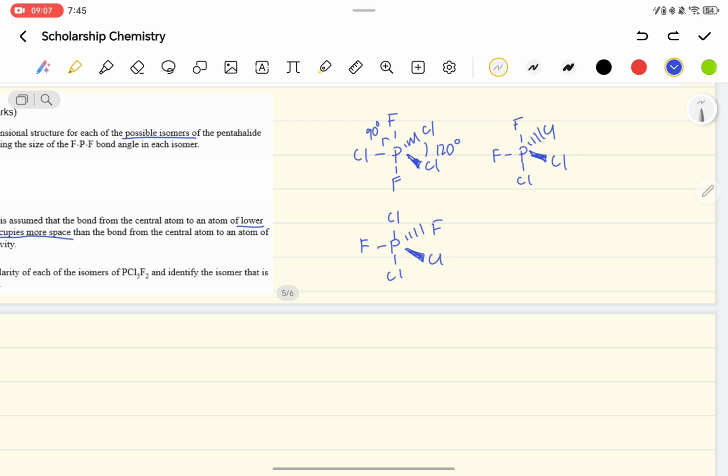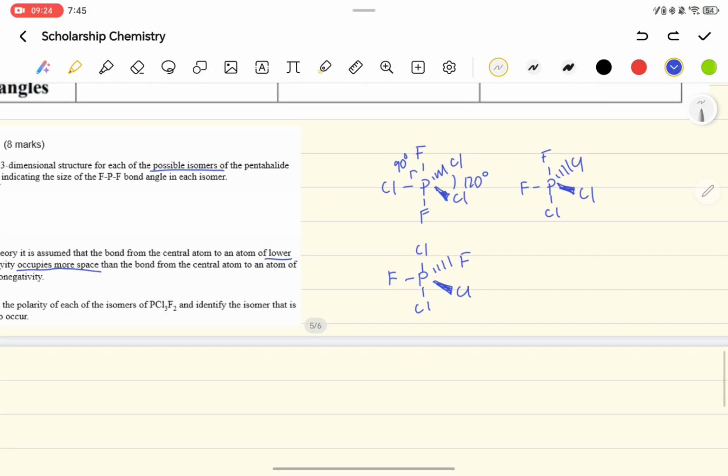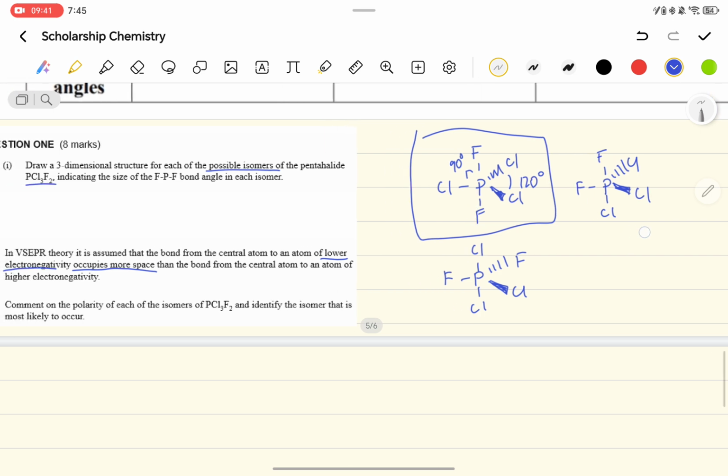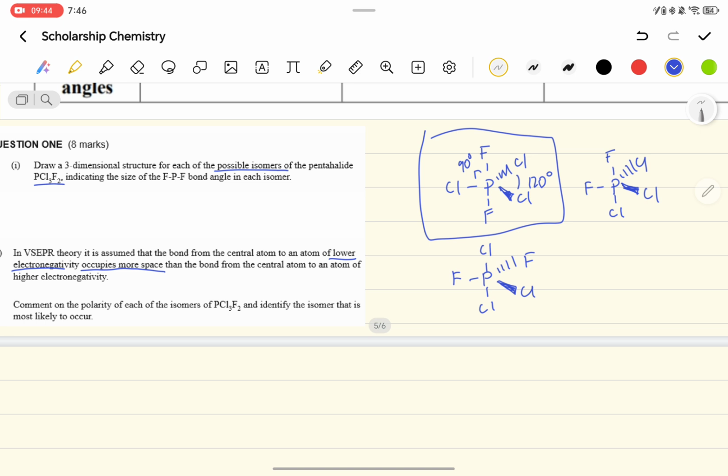Obviously, when chlorine occupies the equatorial positions, you'll have more space, since it is 120 degrees apart from other atoms, unlike axial positions, where it will be 90 degrees. So the isomer that is most likely to occur will be when all the chlorine atoms are occupying equatorial positions, which is this structure, when the two F atoms occupy the axial positions. So hence this is the isomer that is most likely to occur. And yep, that's it.